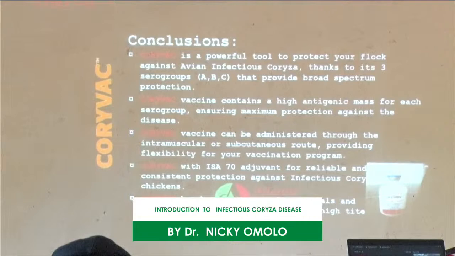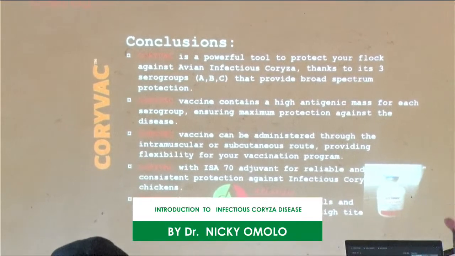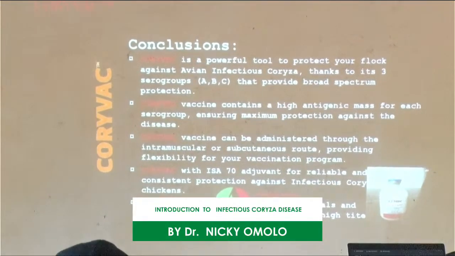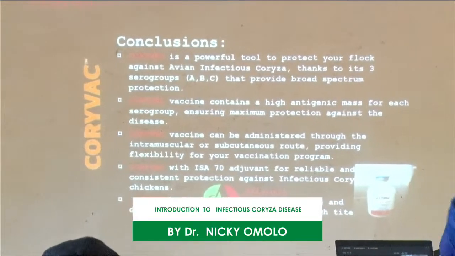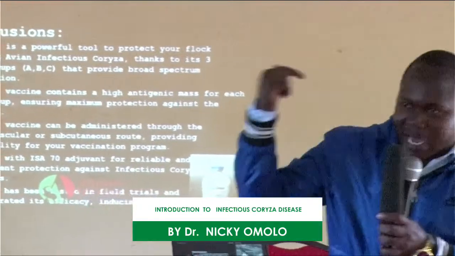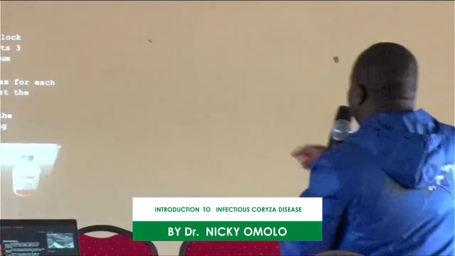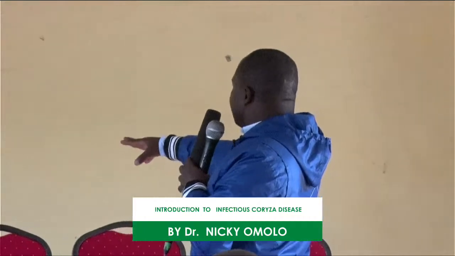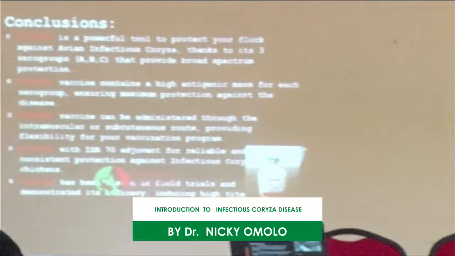Then Coryvac with the adjuvant that I told you is quite safe, and it makes the antigen highly bioavailable. It helps in eliciting a quick and faster immune response. So immediately you jab it, almost instantly the body starts to react to the antigen. And Coryvac has been said to have very high efficacy in the field trials.